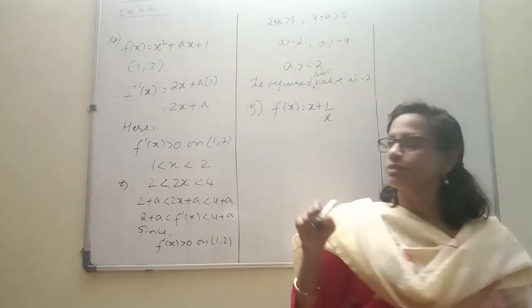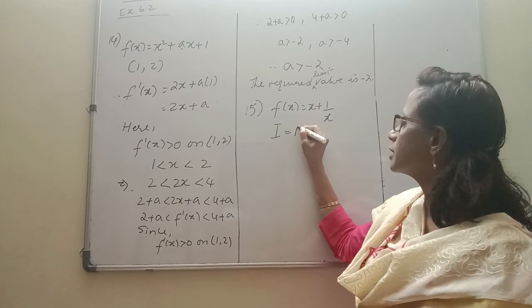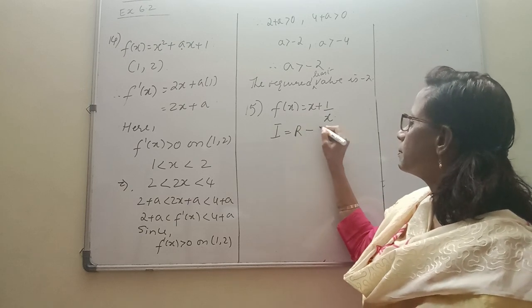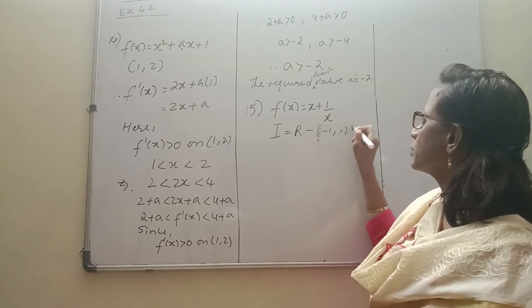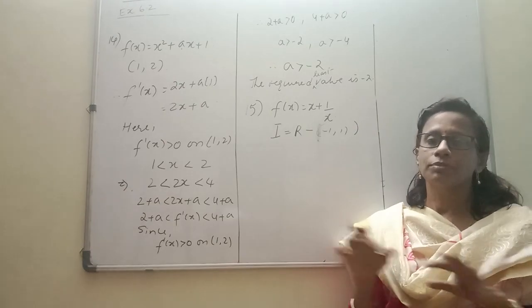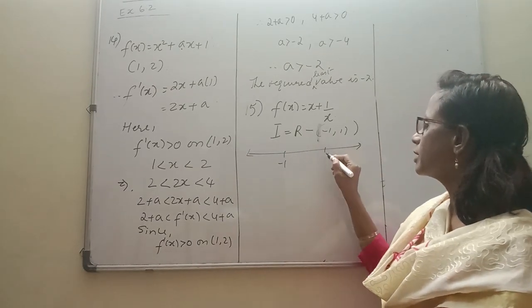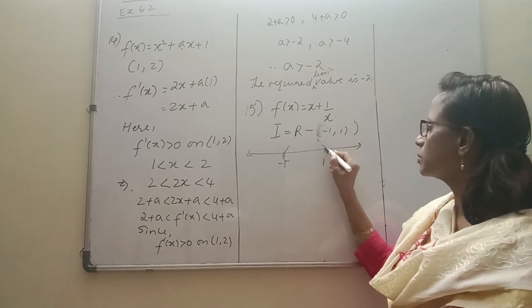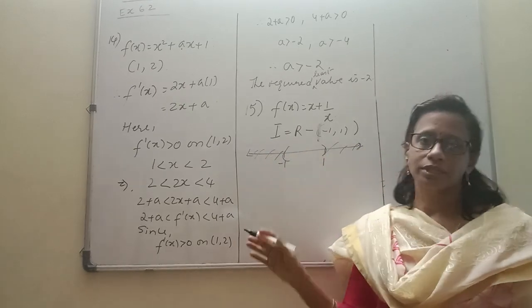So the interval I that you're taking is not -1, 1. So rather it is real numbers minus -1, 1. Now that's your interval. So from the entire real number line, you remove this. Don't take this, and you can take the entire other part. Everything is included. That's the meaning.